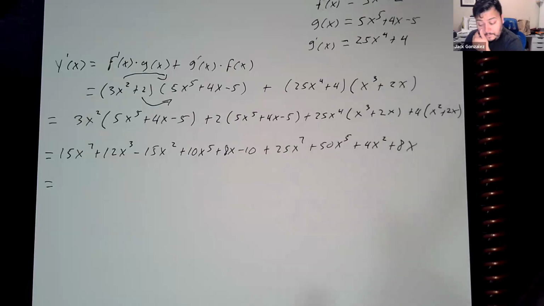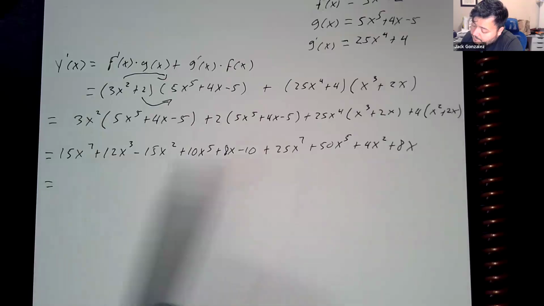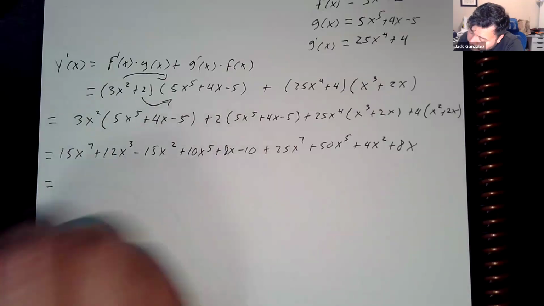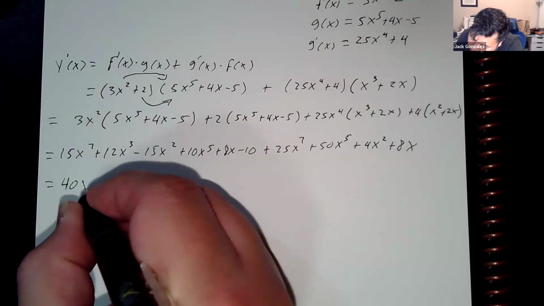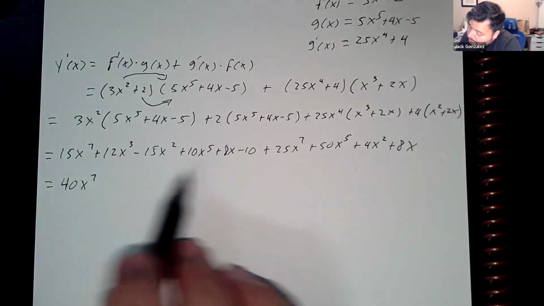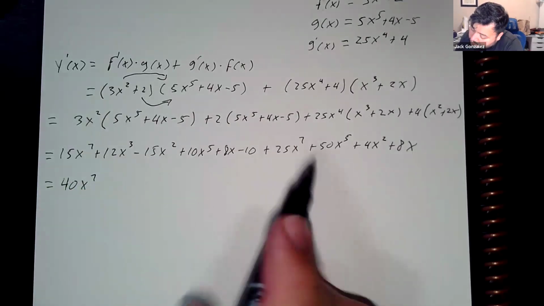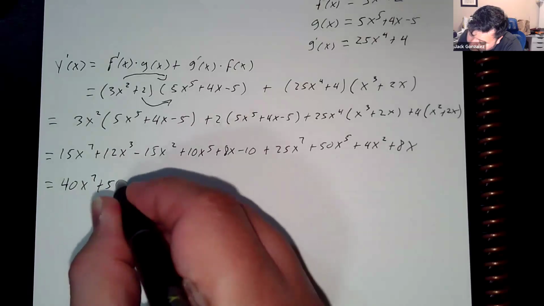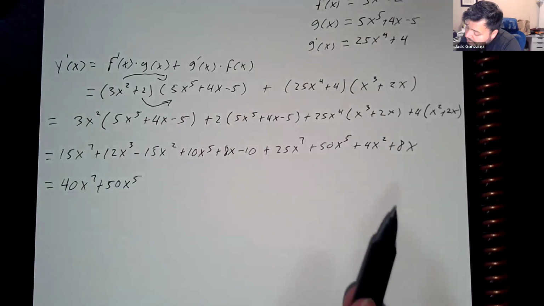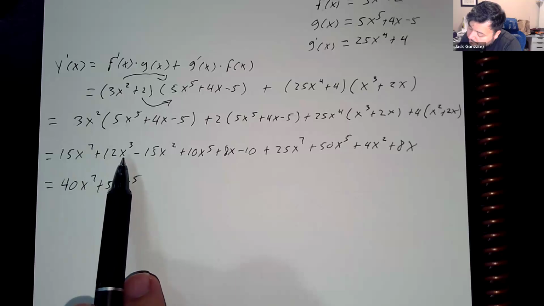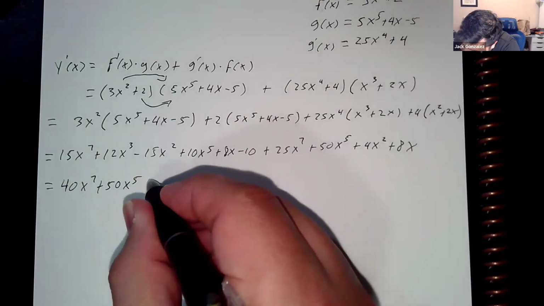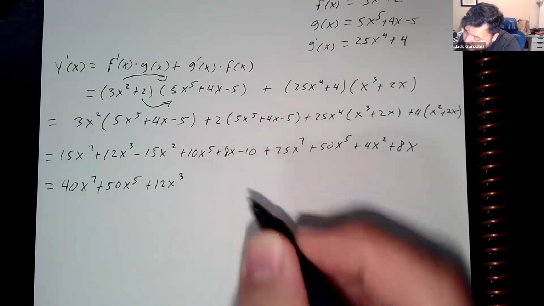Yeah, we're good. Combine like terms. 15 plus 25. Fifth is the next smallest one and the only one. Third is the next one. It's the only third. Squares.